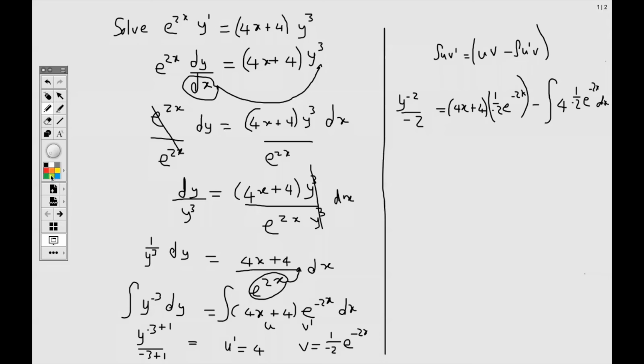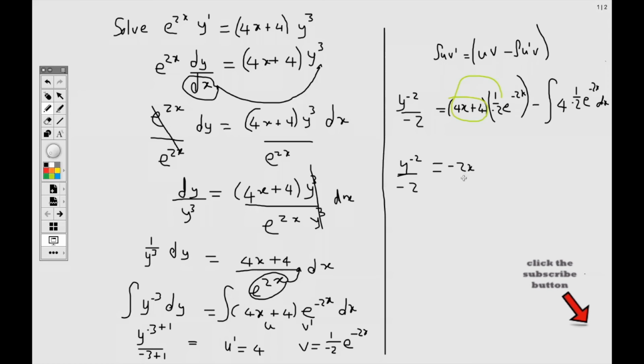Now let me do some simplification. Minus a half can be multiplied by all of this. So half of 4 is 2, and the negative sign will change. Let me rewrite the y to the negative 2 over minus 2, and then half of 4 is 2, so I will have minus 2x because of the negative sign.